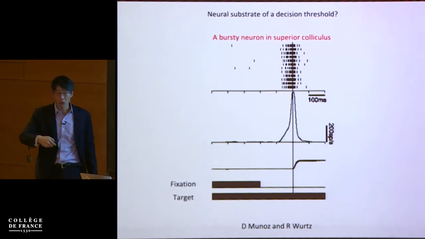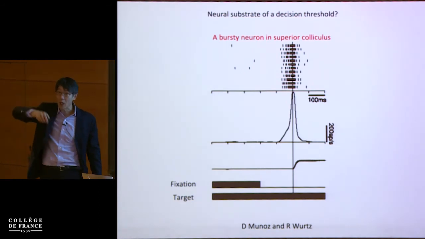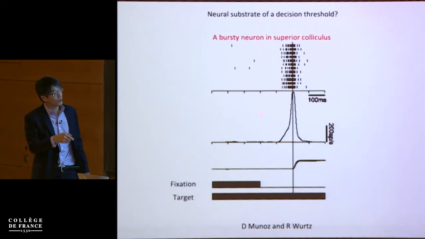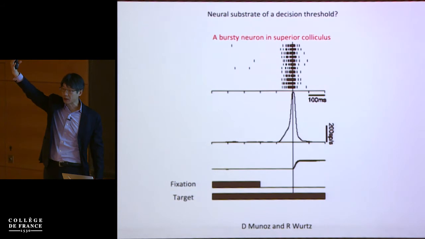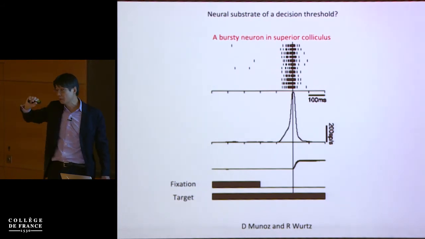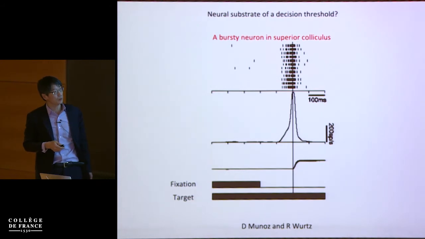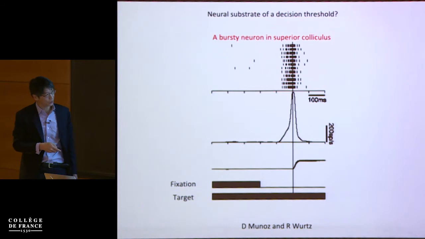There's a command signal about a saccade that has information about where to generate the saccade and how big the saccade is. So imagine that those neurons get excitation from decision neurons in the cortex, which builds up in time. So maybe there's a nonlinear thresholding phenomenon that would explain what the decision threshold really is.